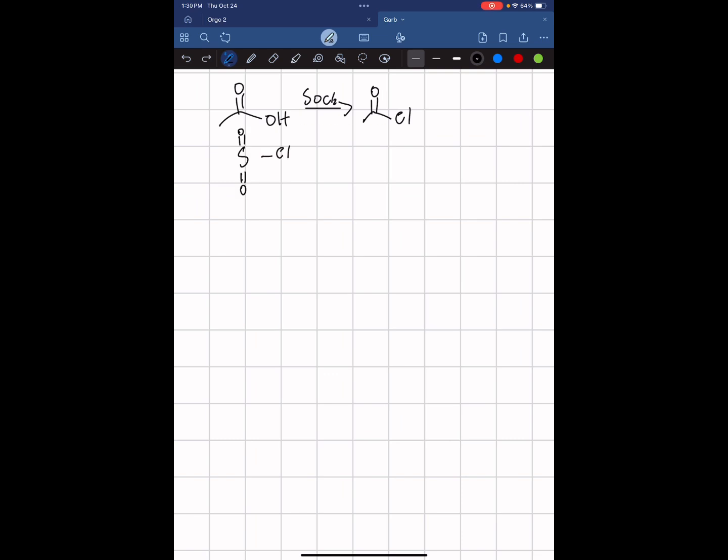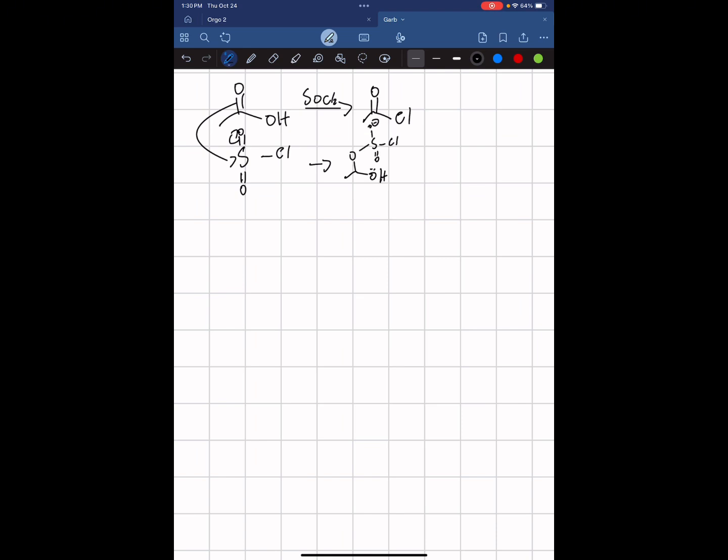Now for the mechanism for the preparation of the acyl halide, one of these bonds from the double bond to oxygen comes in and attacks the sulfur, which is then going to make this double bond fall onto the oxygen, giving you this as the product.